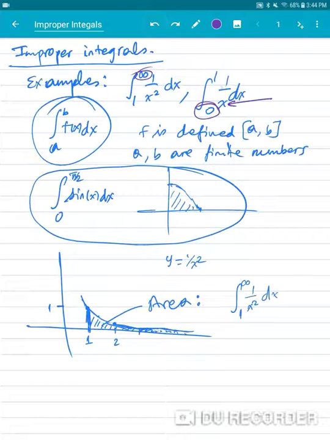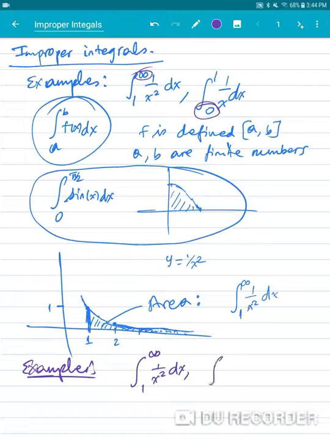When x is 0, 1 over x is undefined, so you're integrating a function where it's undefined. Here are some more examples. I'll write these again: from 1 to infinity of 1 over x squared dx, or from 0 to 1 of 1 over x dx.